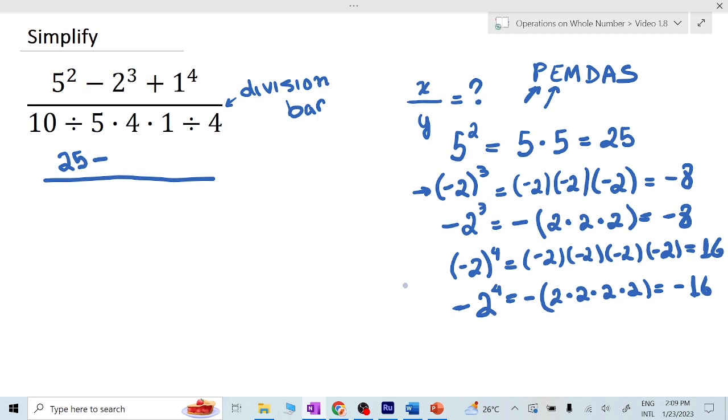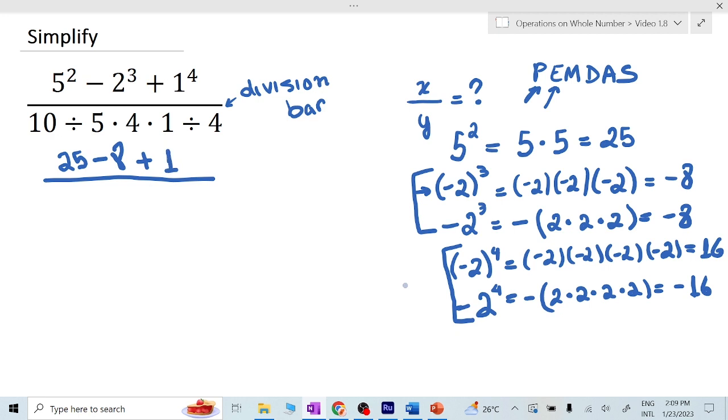You see the difference? When I have an even exponent, I have different results. That's why here the results were the same, but the way we solve it is different. So it's going to be negative 8 plus 1 to the fourth power, which is 1 times 1 times 1 times 1, which is 1.